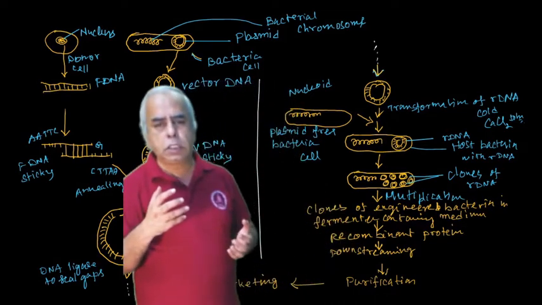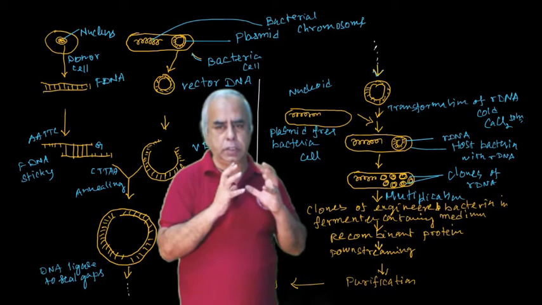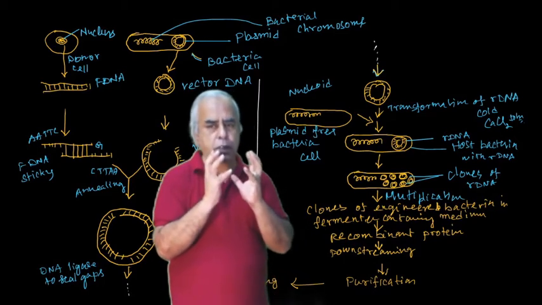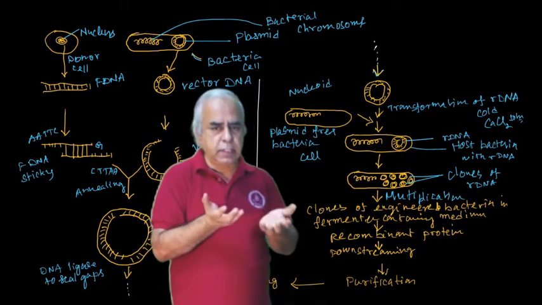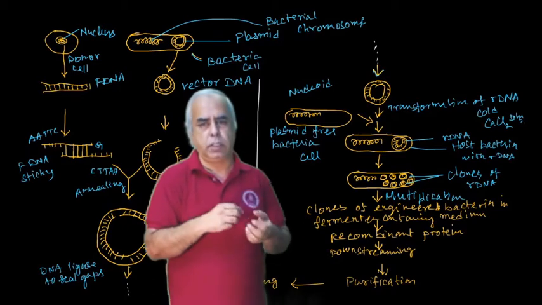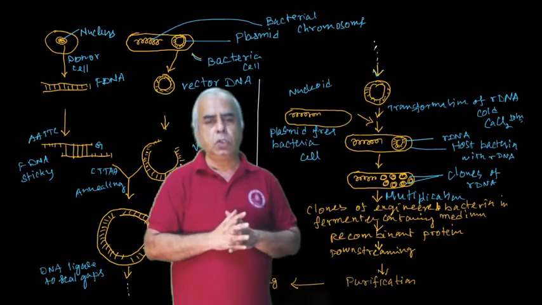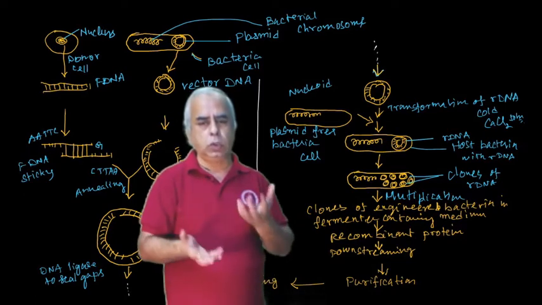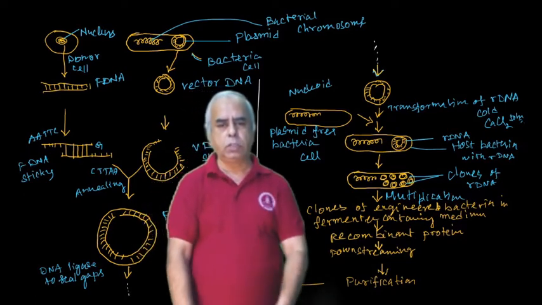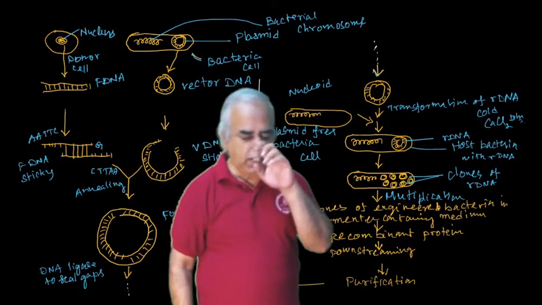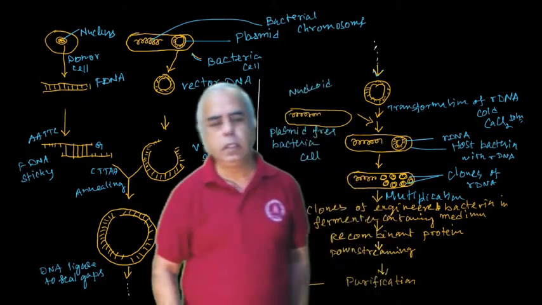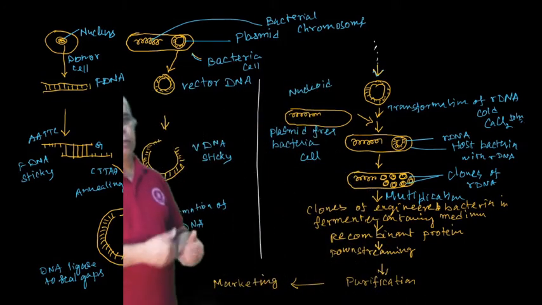Then all these clones are engineered, perfectly designed bacteria to our requirement. That is kept in a fermentation tank so that in that medium it will start growing. Now we have to do the downstream processing and further purification, then we can pack it and market it.